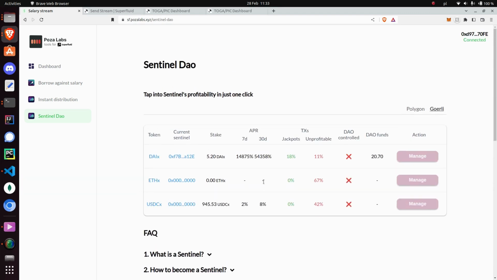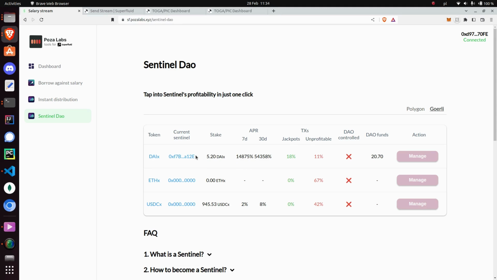So we've done some calculations for the Goerli network, and you can see that obviously if the stake is so low as for the DAI token, it's immensely profitable to become a Sentinel over here.